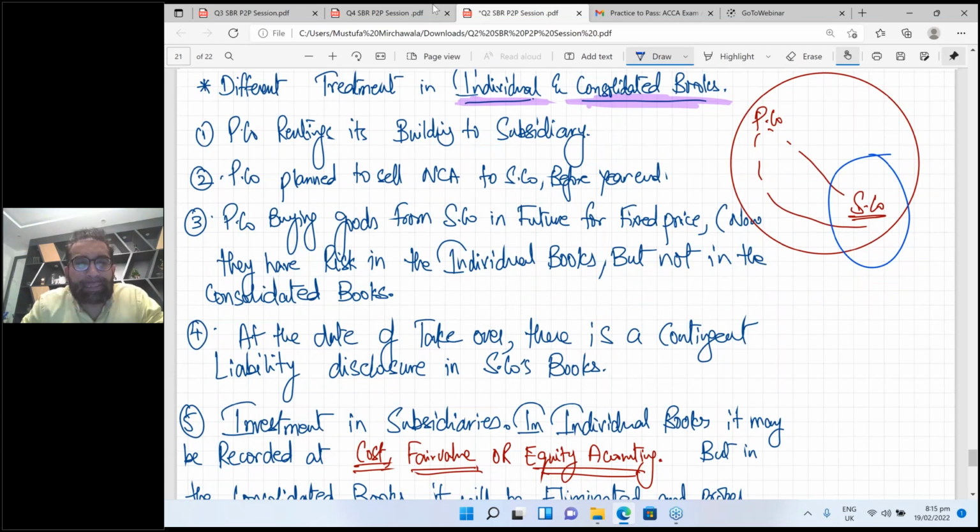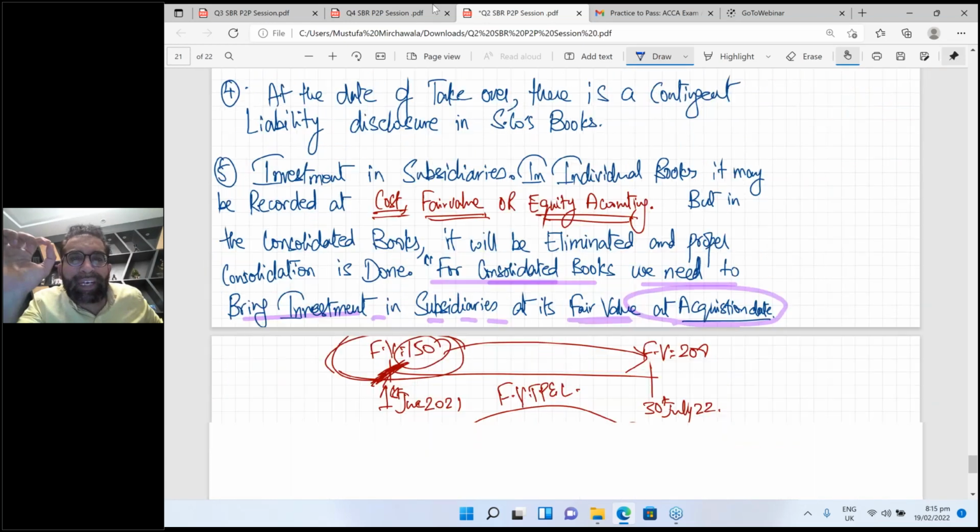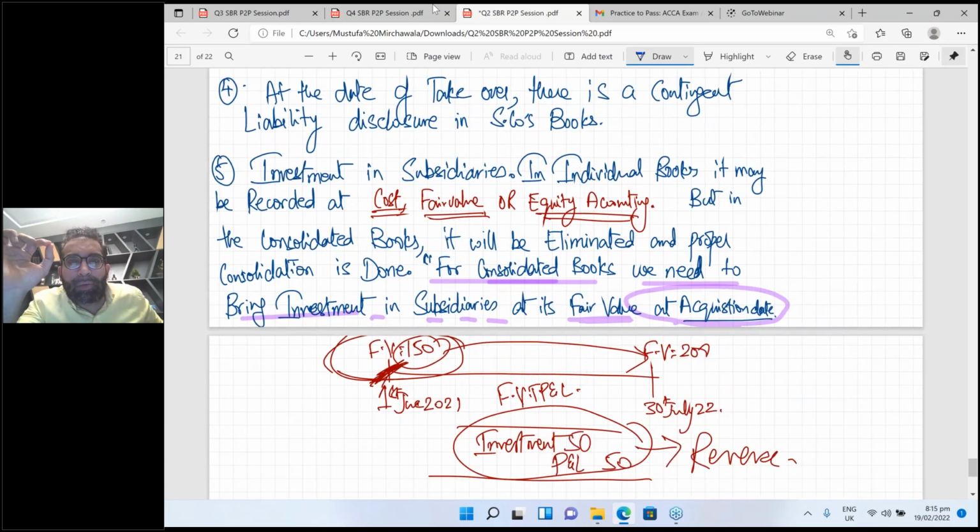Now the next thing, this is something non-routine for some students, but still you must know. Just think, open your eyes, when parent company acquires S company, normally this acquisition is done through shares.